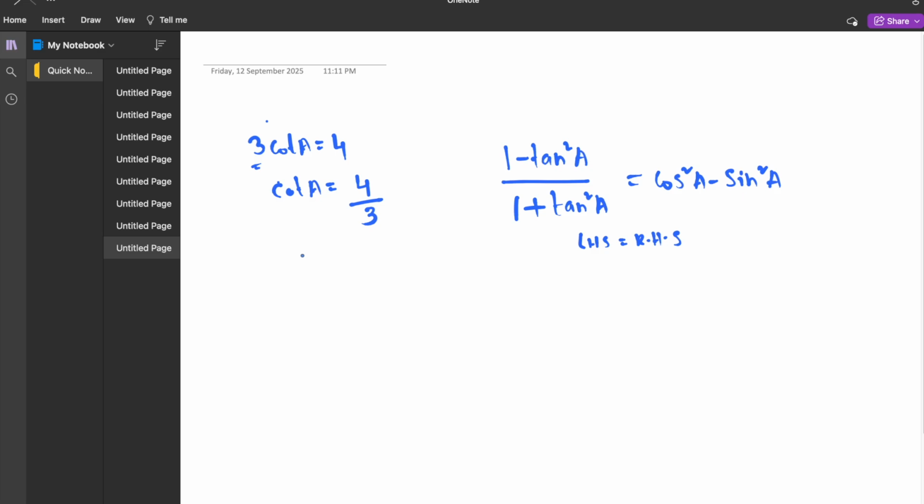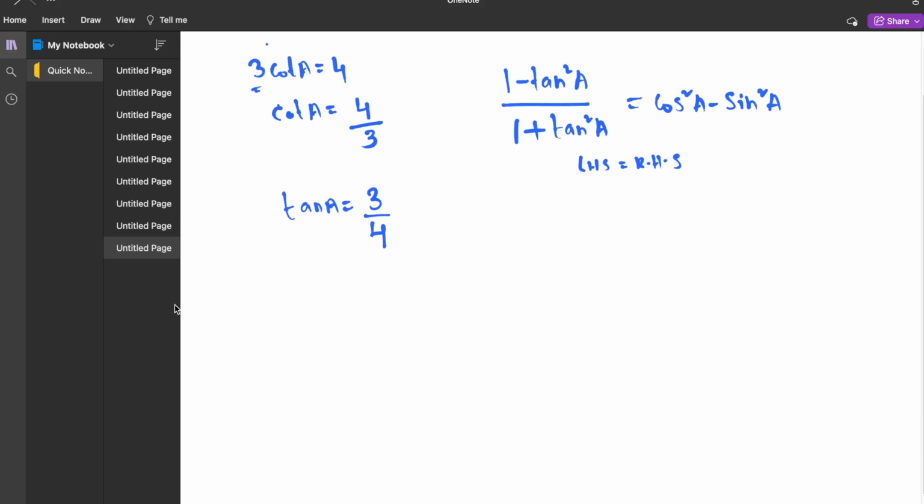Okay, so cot A is 4 by 3. Now what would be tan A? Exactly the reciprocal of this, 3 by 4.